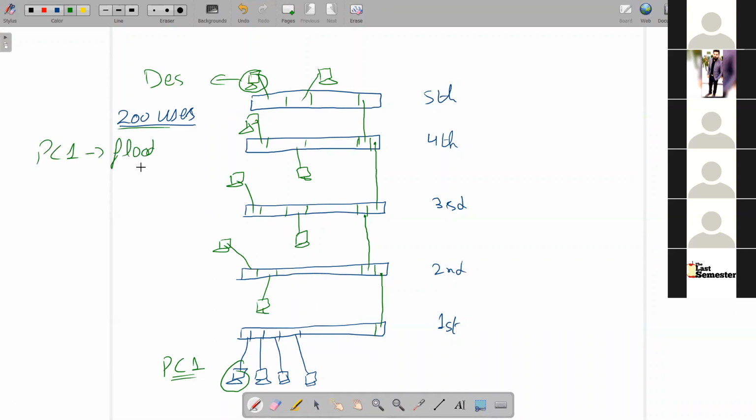And tell me, if I'm having 200 users and one PC1 simply floods the broadcast, then how many users will receive that broadcast which is flooded by this PC1? 198. 198. Anyone else?